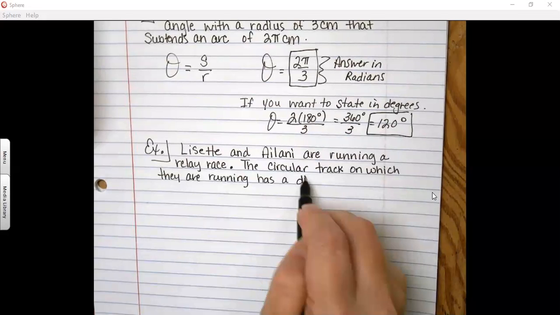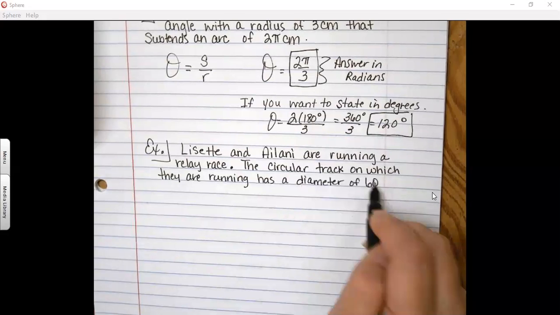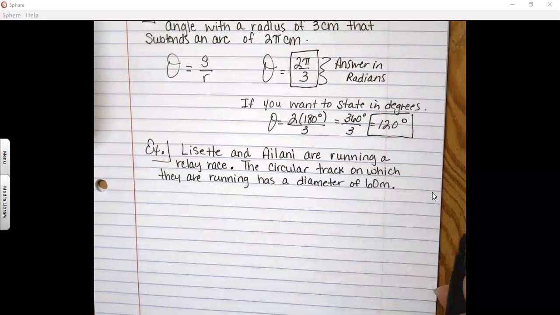Exactly, it goes from one side of the circle to the other through the center, right? So it's twice as long as the radius. So what would the radius be? Very good. Aliani is positioned 89 degrees from her teammate.